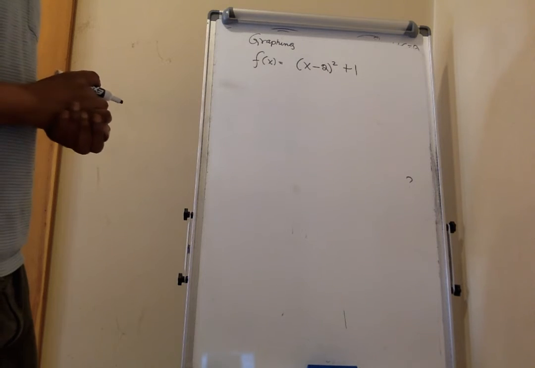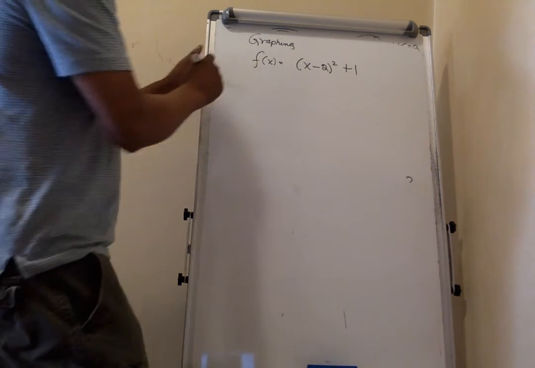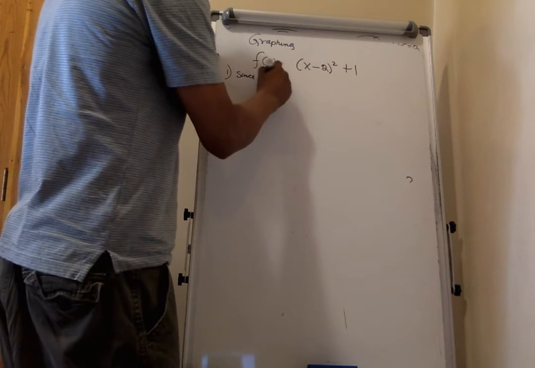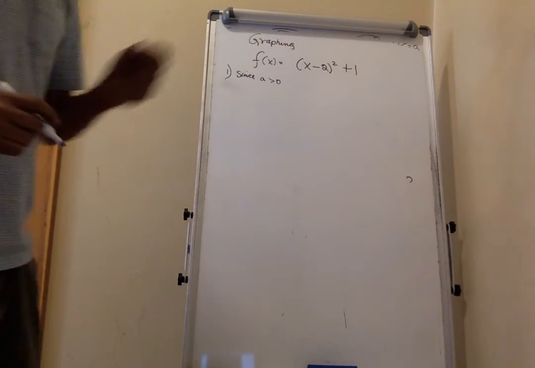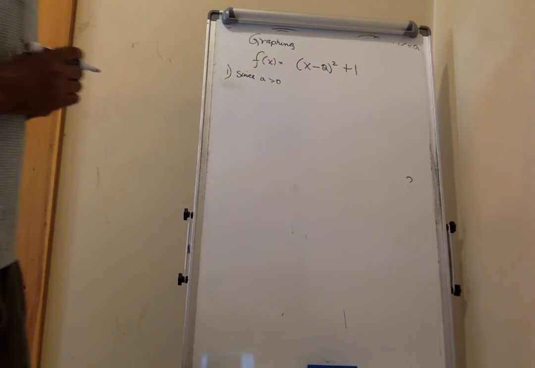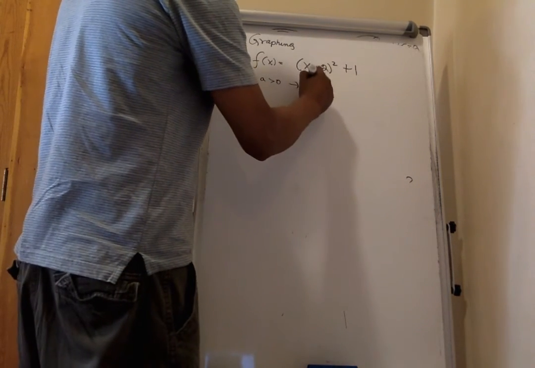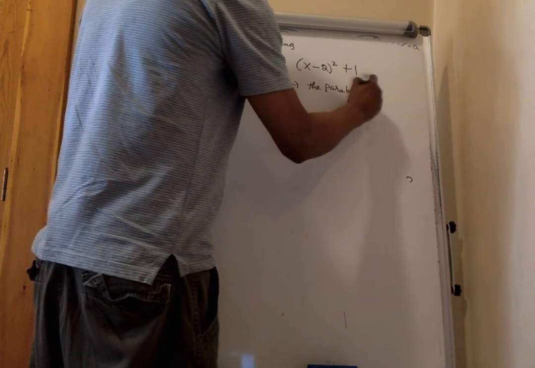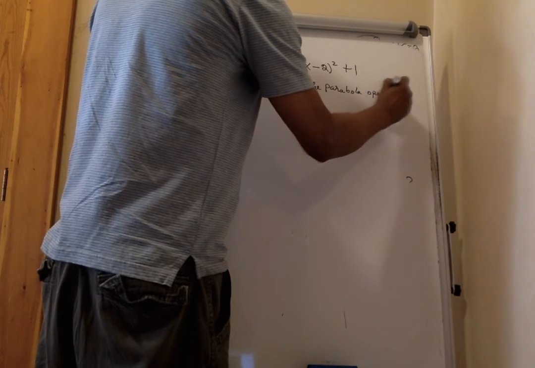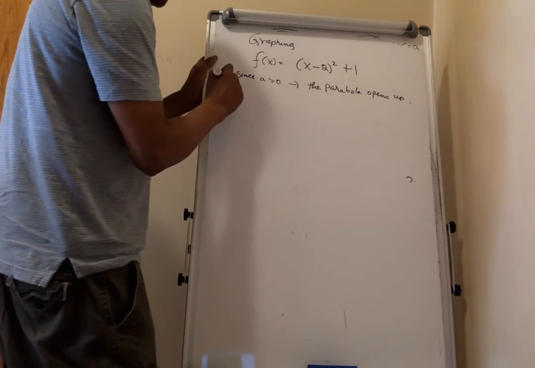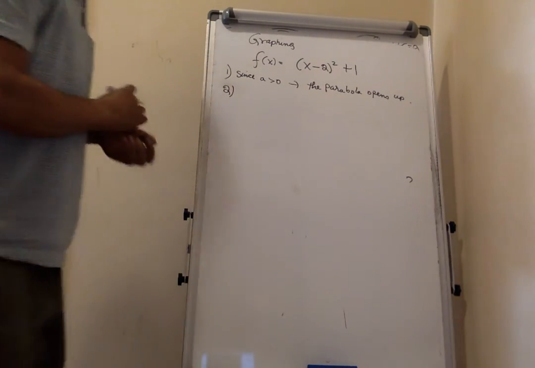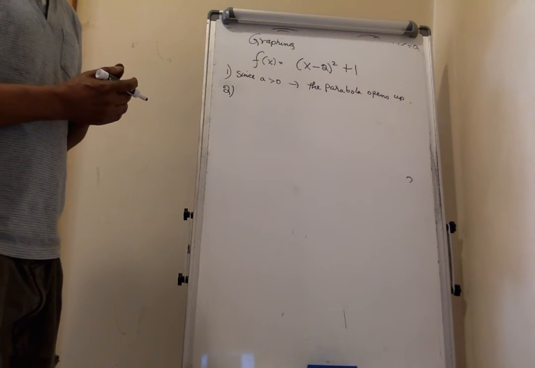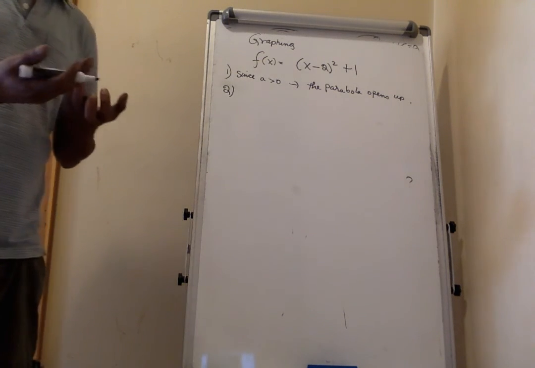This is an equation of a parabola. Now, since a is greater than 0, because a is 1, the parabola opens up. You don't have to do the shrinking or the expansion, because the value of a is 1.